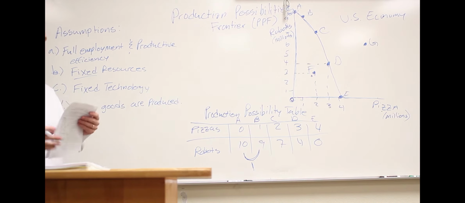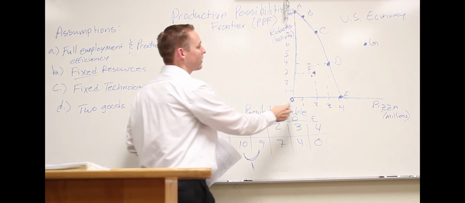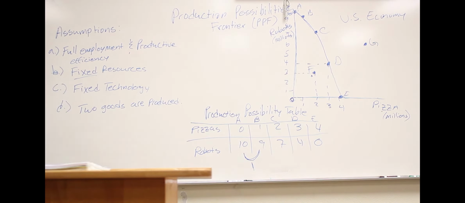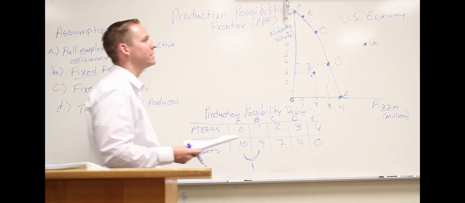So the opportunity cost is the cost of an item that we must give up to obtain another item, right? So when we go from point A to point B, to make one pizza, we're giving up producing one robot. Given the stock of resources and technology, the economy can produce only so much.